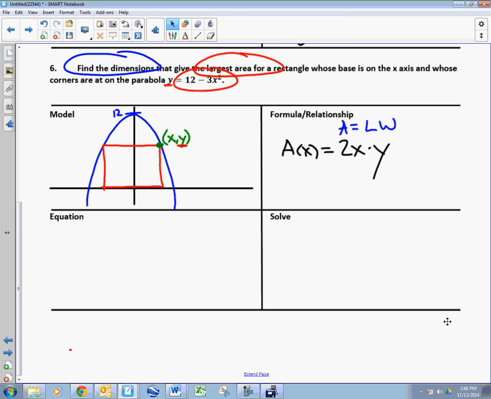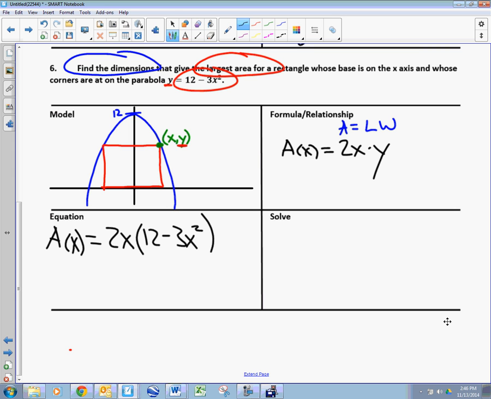Area in terms of x is equal to 2x times 12 minus 3x squared. So I have 24x minus 6x to the third.